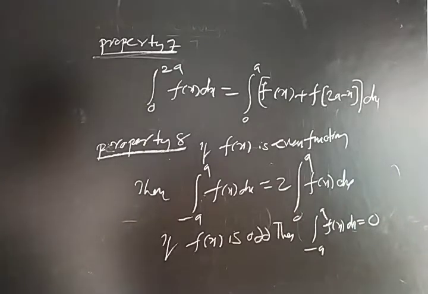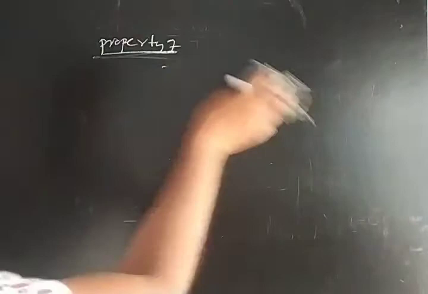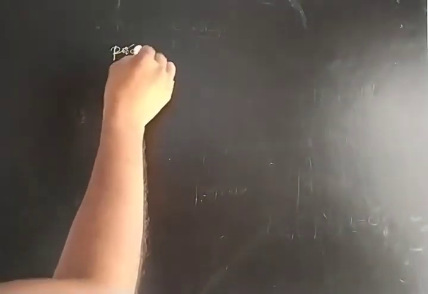So integration becomes 0 if it is odd function. So remember these points. One more property, property number 9, ninth property.